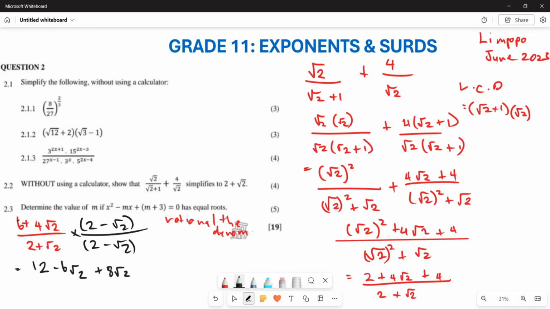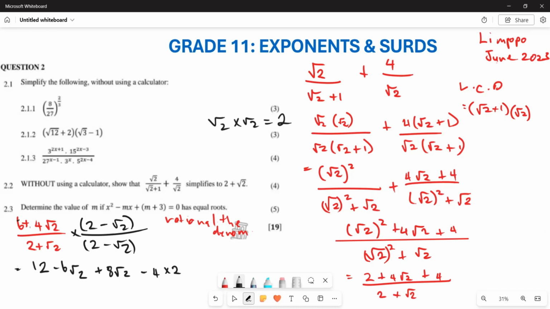And now 4 root 2 multiplied by this negative root 2. Remember, when you multiply root 2 by root 2, this is still the same as 2. So the answer here is going to be minus 4 multiplied by 2, because it is 4 multiplied by 2.